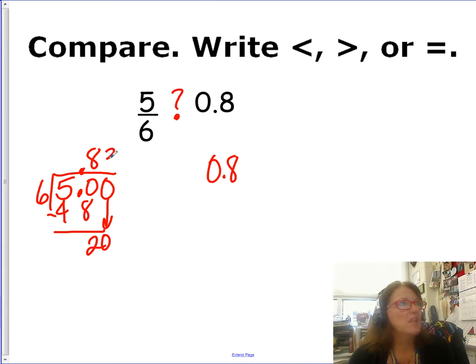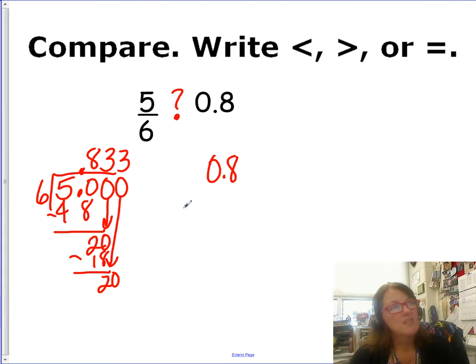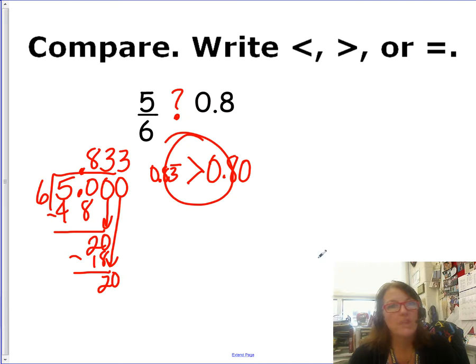In fact, I'm going to get a 3, and as I continue on trying to turn this guy into a decimal, you see what's going to happen. This ends up being 0.83 repeating. This is just 0.8 or 0.80. The 5/6 wins as the larger value.